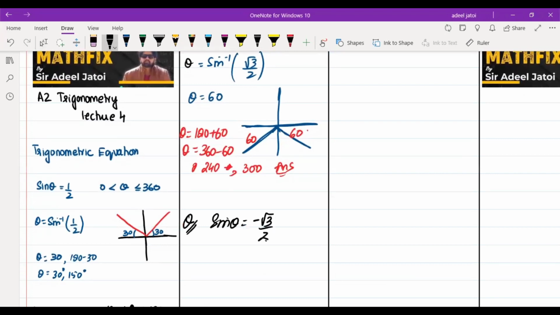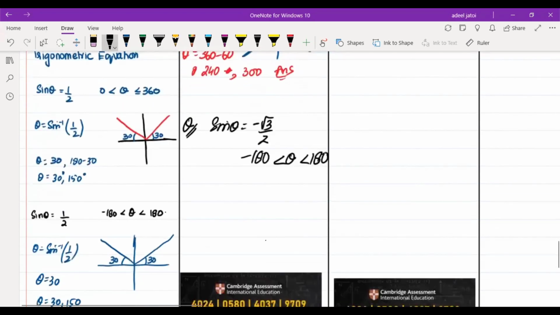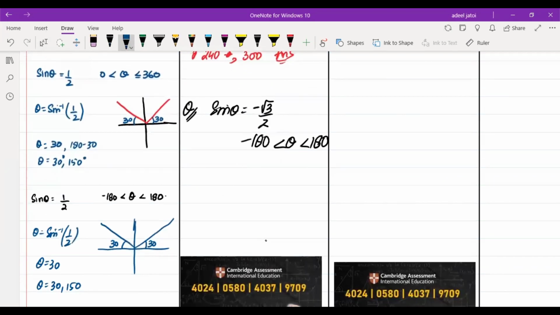Your domain is theta greater than minus 180 and less than 180 degrees. Now, using the same method, sine inverse of root 3 upon 2, your theta becomes what? 60. But now what you need to know is that it was negative root 3 upon 2.